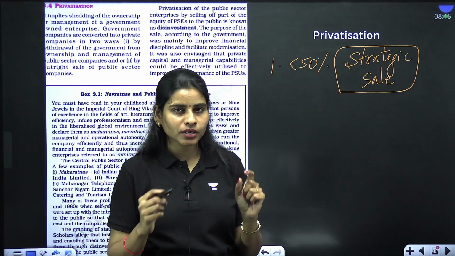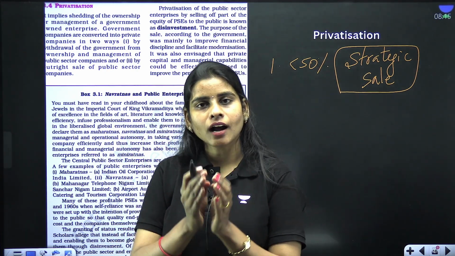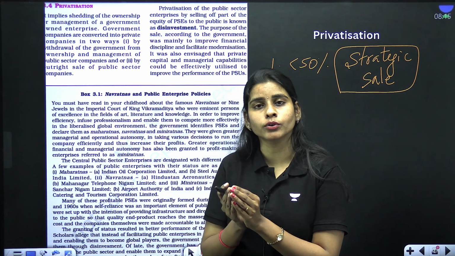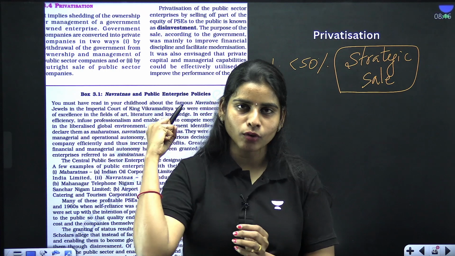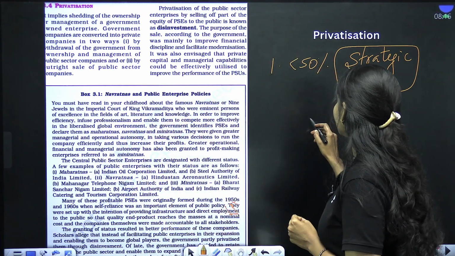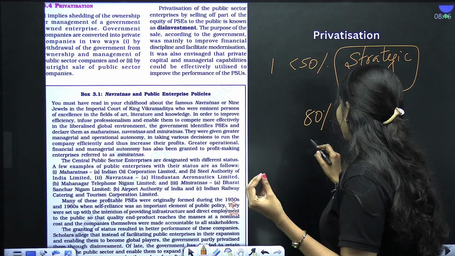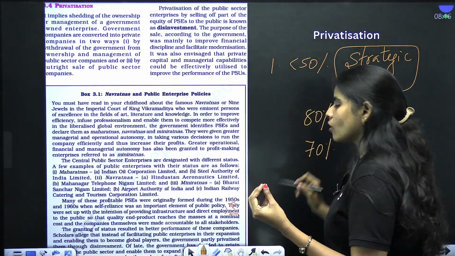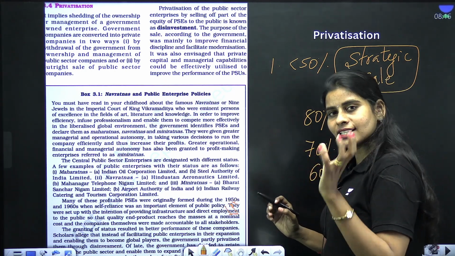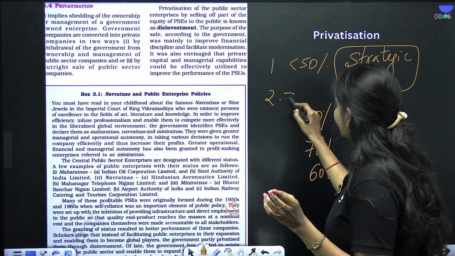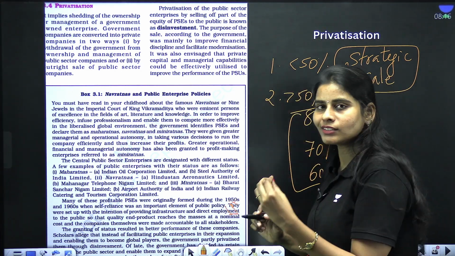And if the government is making a disinvestment where it reduces its ownership but is still able to retain the majority of the shares, say for example, if the government has 80% shares and after disinvestment it has 70% or 60% of the share, somewhere not less than 50% but greater than 50%, then the government still has the majority share.